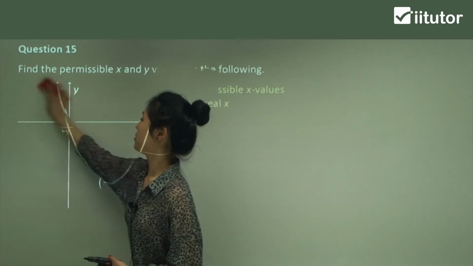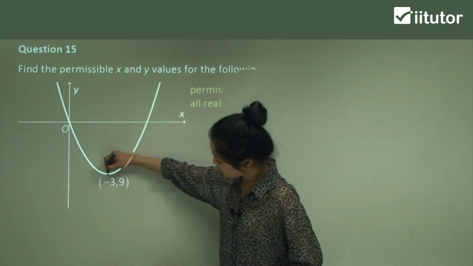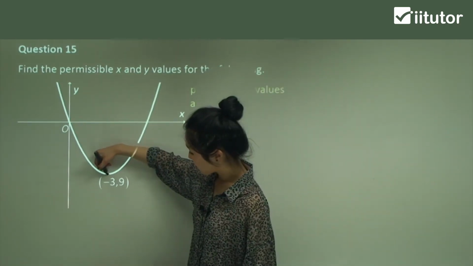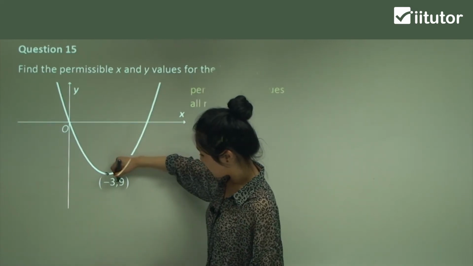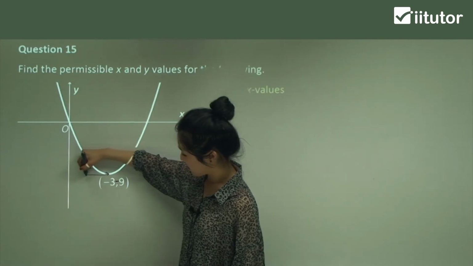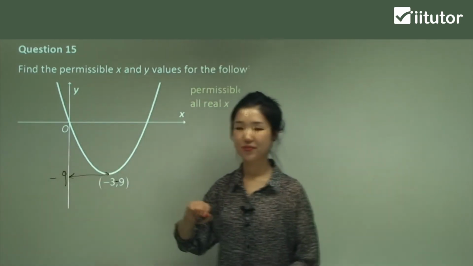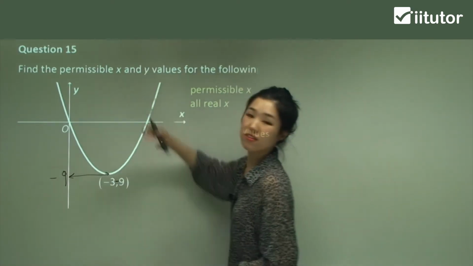And then what about the permissible y values? Now guys, they actually give us the coordinates of the vertex, which is (-3, -9). Sorry, that should be -9, because it doesn't make sense if it's +9, is it? So that's -9. Okay. So the graph goes upwards.